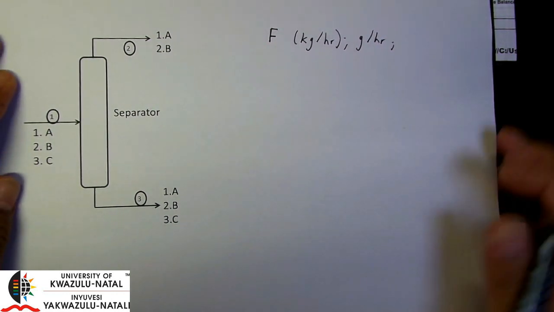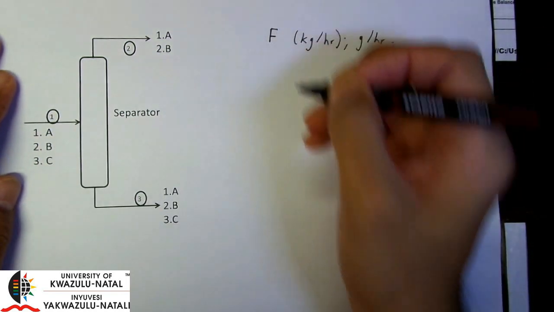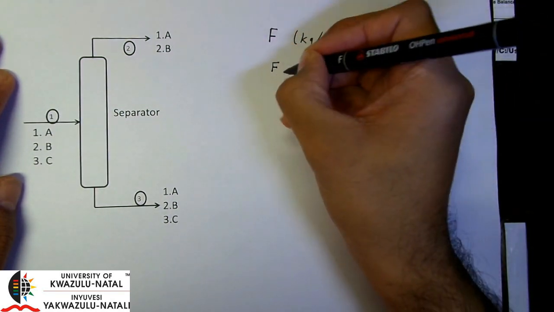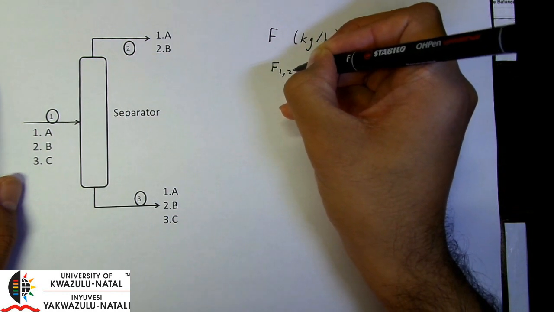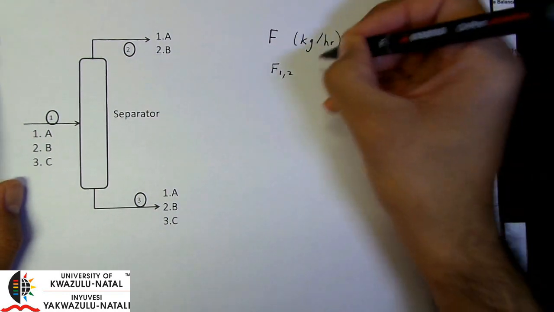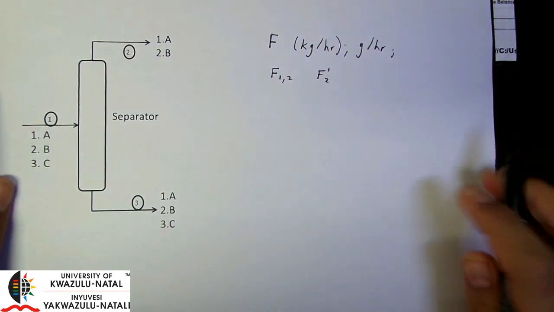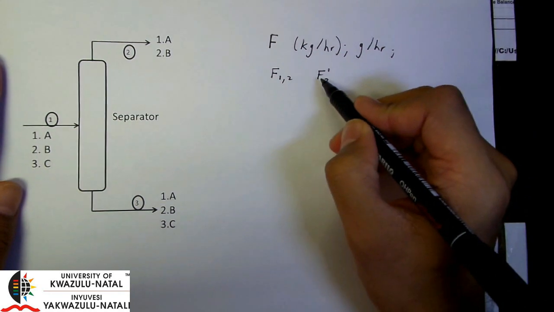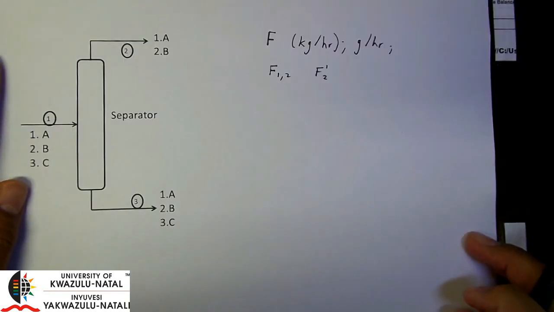Okay, so that's it for the flow. And also in mass terms, we can express things in the same fashion. The flow rate of component 2 in stream 1 is F12, or we could write it in this fashion. That doesn't change. It's just that we have F denoting a mass flow rate and N denoting a molar flow rate.